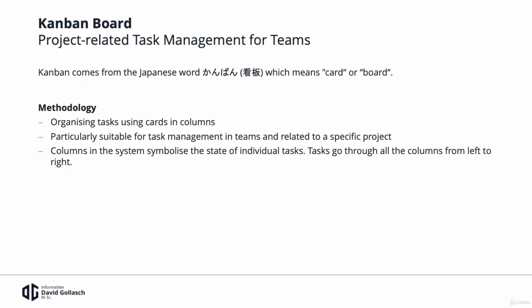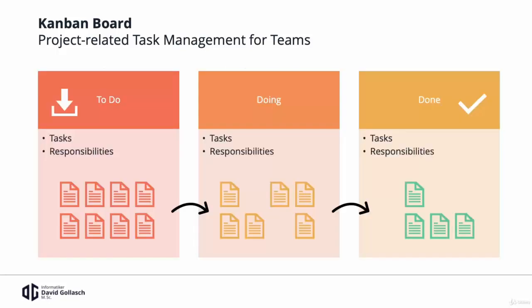So here is an example of the simplest version of a Kanban board. We have 3 different columns for the 3 basic states of each task that you have to fulfill. First of all, there is a to-do stack or to-do column that comprises all of the tasks that you have to do to fulfill the project goals.